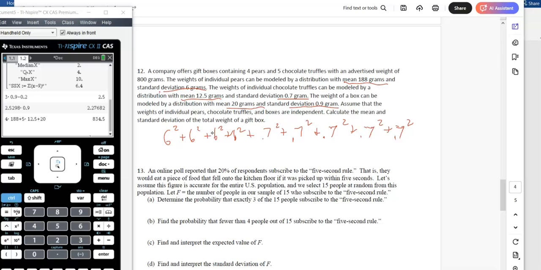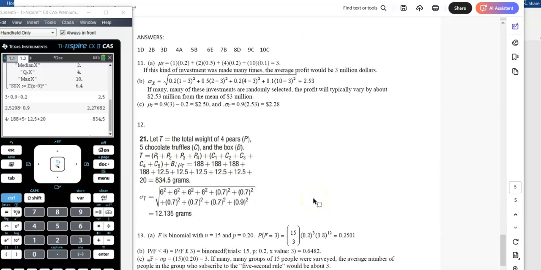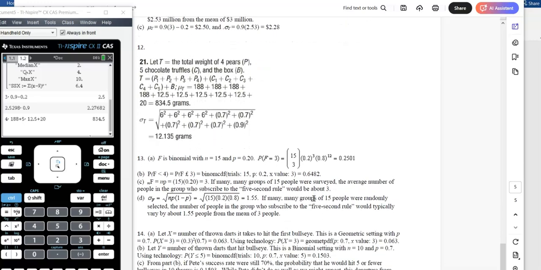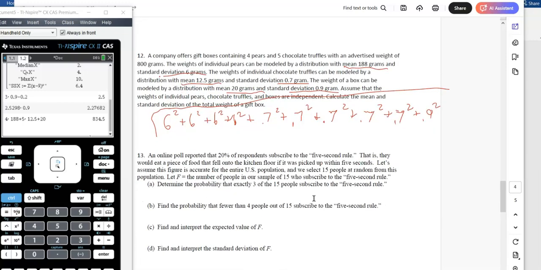And then finally, the box is just 0.9, so plus 0.9 squared. You're going to type that in, square root the total, type that in your calculator, and see if they did that. They did, yeah, they did exactly that. They got 12.135 grams.